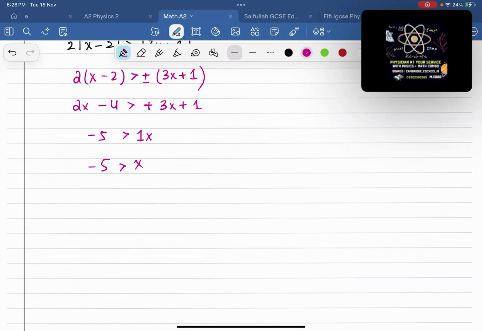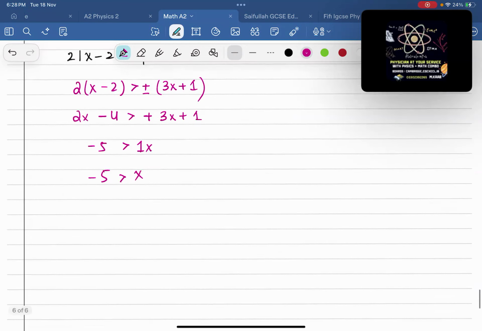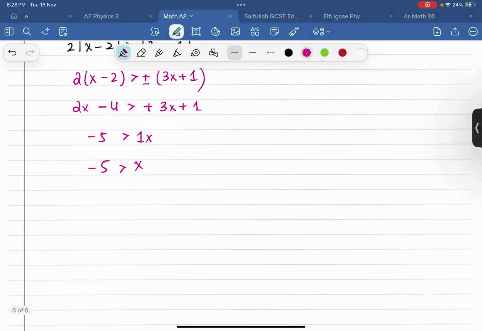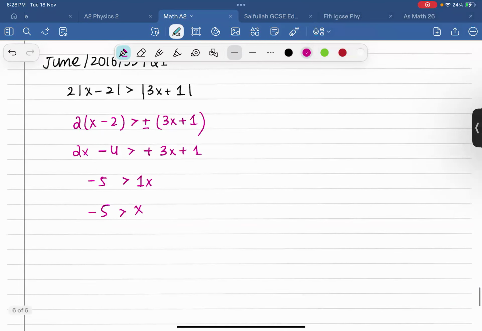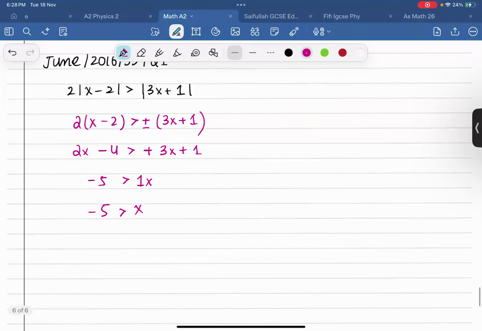So this is one critical value, and the other critical value is going to be 2x minus 4 is greater than, and you have to put the negative sign with both of the things, and you'll get the things done.